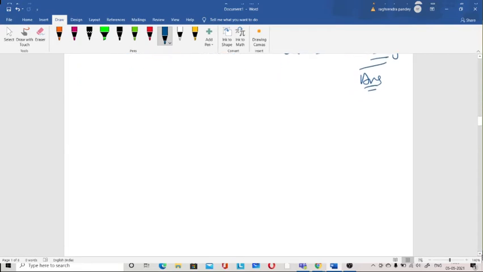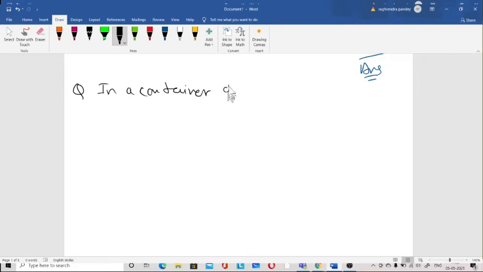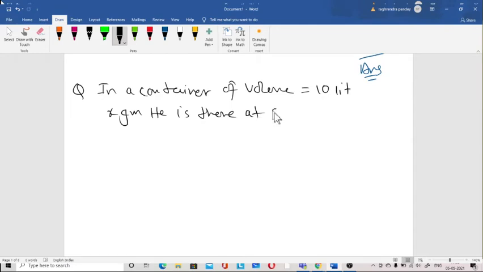Okay, let's take another example. In a container of volume 10 liters, x gram helium is there at STP.